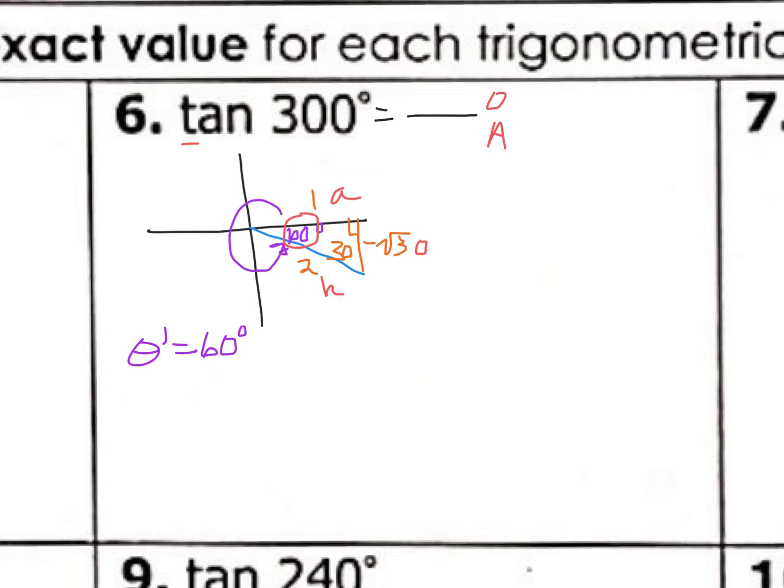Now, if you have memorized the tangent of 60 degrees, by all means, you don't have to, but I'm going to. And so opposite is negative radical 3, and adjacent is 1. So of course, negative radical 3 over 1 is negative radical 3.